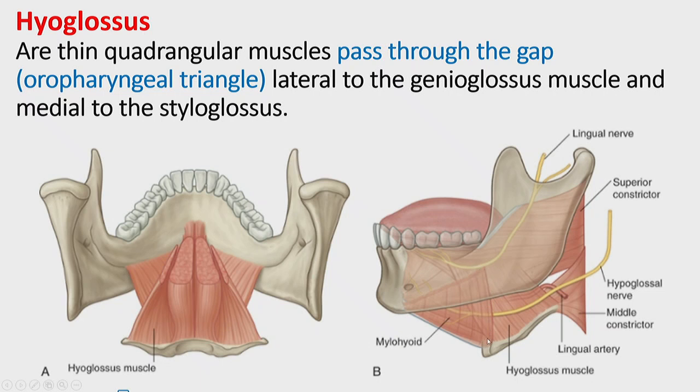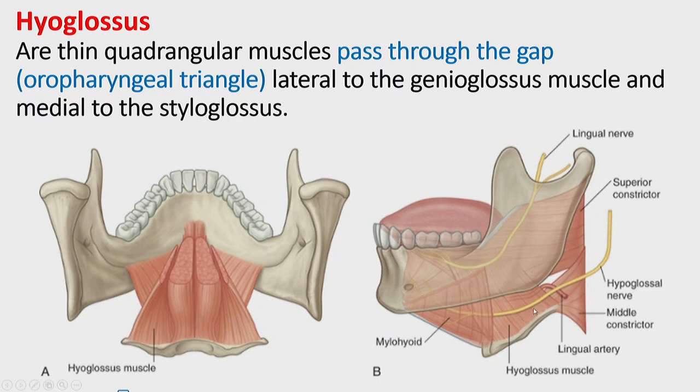Through this triangle pass several structures, and one of them is the hyoglossus muscle, and the other is the styloglossus muscle.